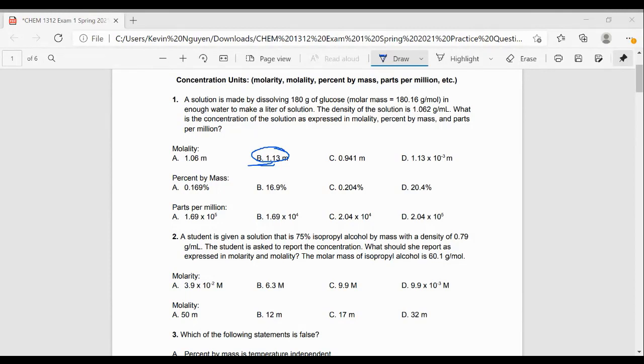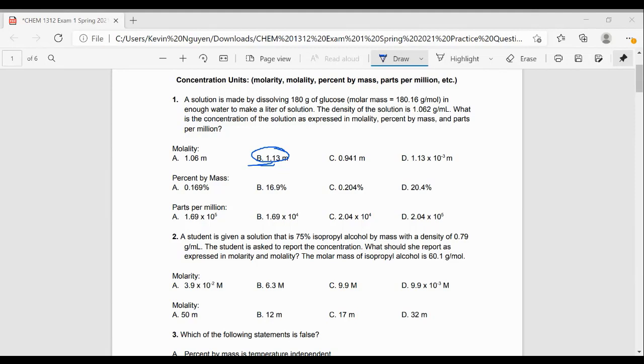Looking for molality, did anyone have any questions on how to figure out molarity? Okay, so moving on to molality. The fraction for molality is moles of solute again, divided by, this time, kilograms of solvent.